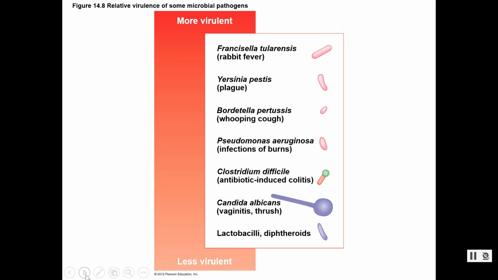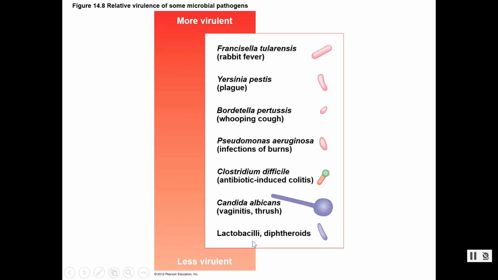Okay, so let's look at a ranking of virulence. So remember, virulence is the relative ability of a microorganism to cause a disease. How likely are we to get it?